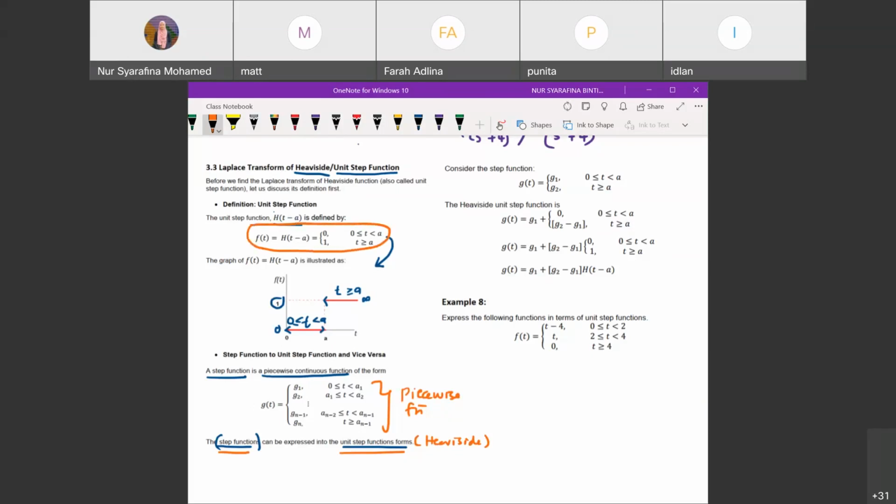Now our purpose here: you know that this is piecewise, and you want to convert this piecewise or step function to a unit step function. So how can we convert? Is that clear or not? The difference between step function and unit step function, can you differentiate between those two? Any question?